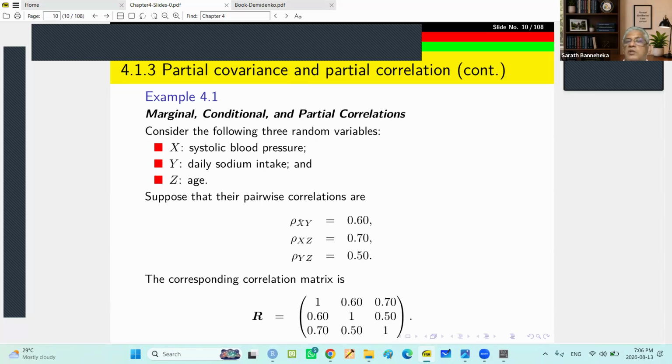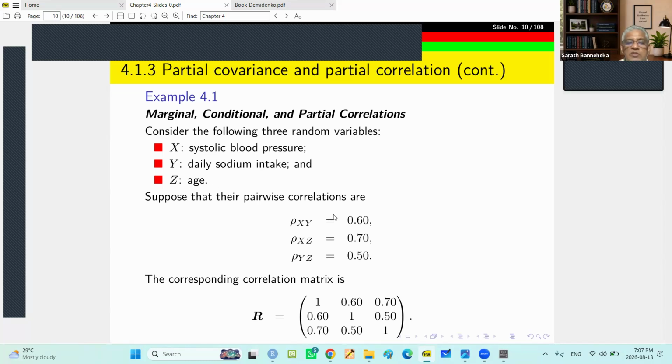These are the marginal correlations, so Pearson's correlations. Rho xy is equal to 0.6, rho xz is equal to 0.7, rho yz is equal to 0.5. Let's say those are the values. Remember, these are not the sample quantities that we have been discussing all throughout these slides. We are talking about the theoretical quantities, right? Population quantities.